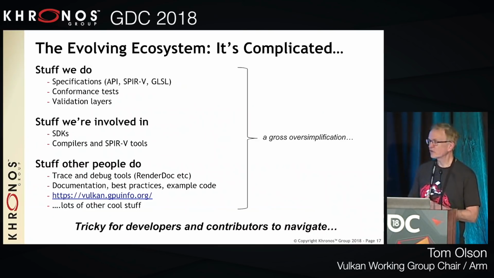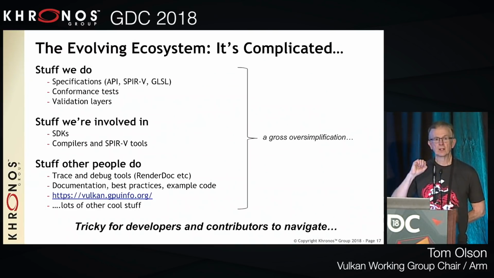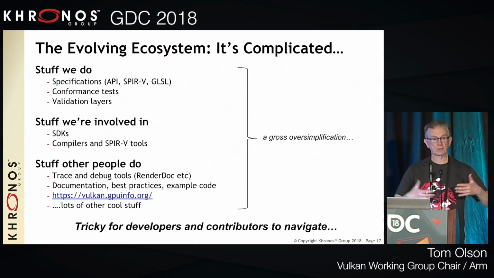In a gross oversimplification, I've binned stuff out here, but really there's tons of overlap and it is very complicated. That's great, but it's a problem because it's hard for you as a developer to navigate. You're using lots of tools in your development, and you find things aren't working well together.